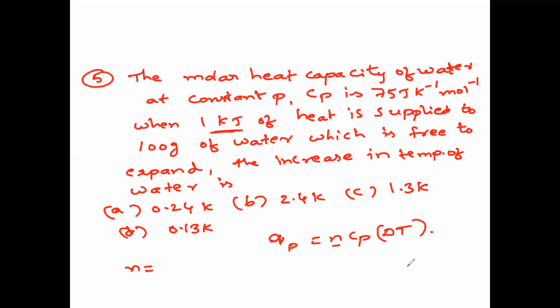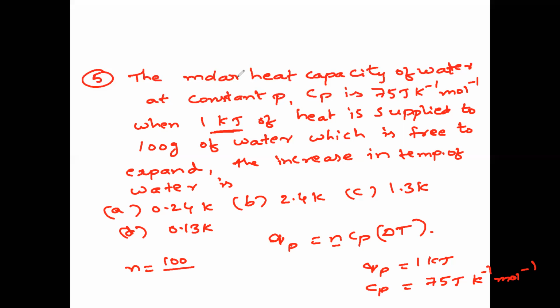So Qp is equal to 1 kilojoule, and molar heat capacity Cp is equal to 75 joules per Kelvin per mole. And in this we need to find n. n is equal to given weight by molecular weight. Given weight is 100 grams, and we know the molecular weight.